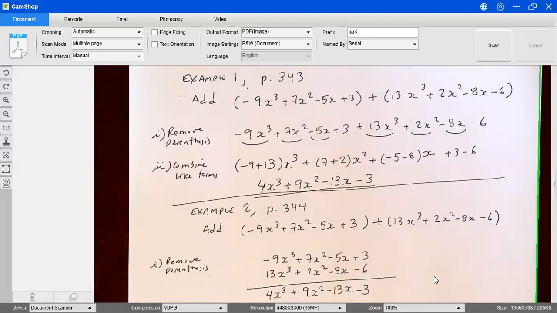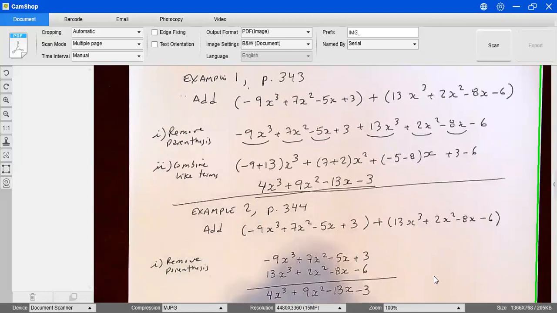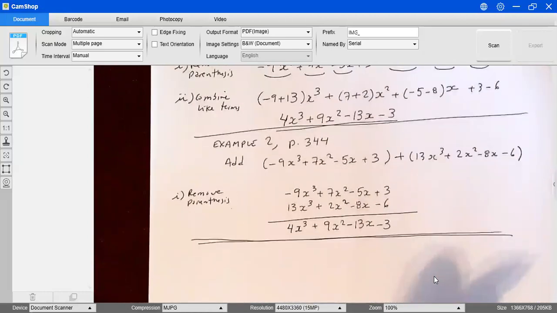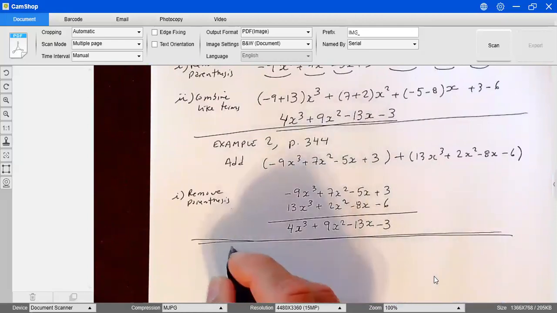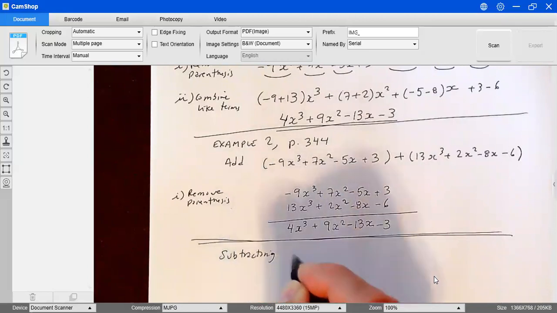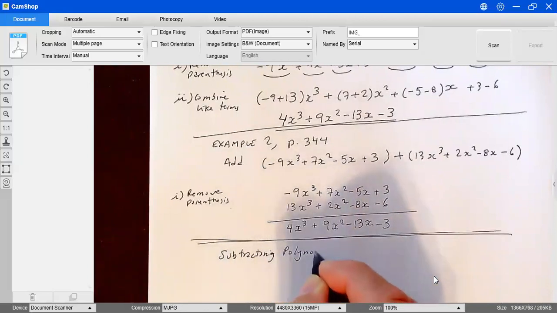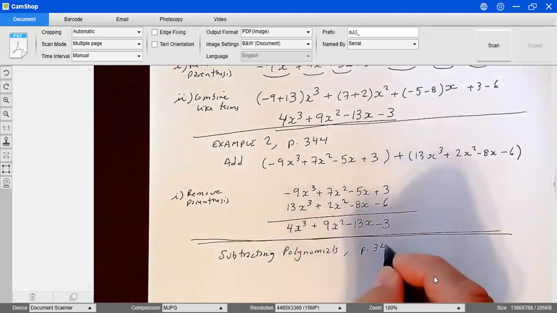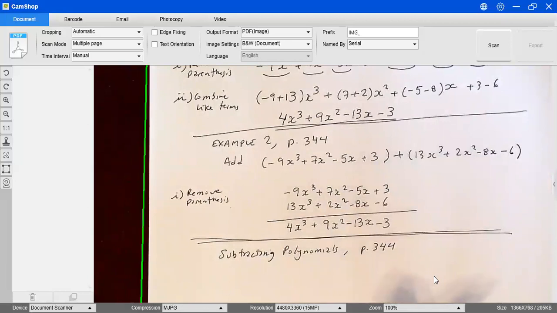Now we're going to work subtraction, to get the difference of two polynomials. When we are subtracting polynomials, you're going to find information about this on page 344.